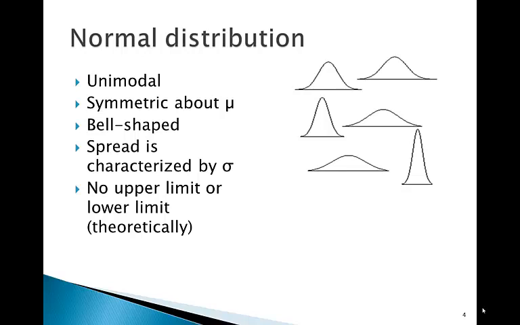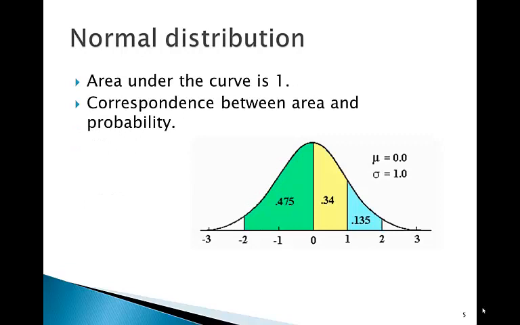And the spread is characterized by sigma, so how peaked or how flat the distribution is can be represented by the standard deviation. Again, theoretically, there's no upper limit or lower limit, although in reality, depending on what variable we're looking at, there may be an upper or lower limit. The area under the curve has to sum up to 1, again because we're talking about probability. All possible outcomes have to add up to 1.